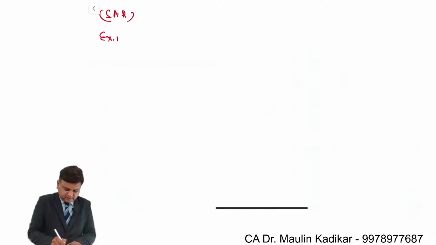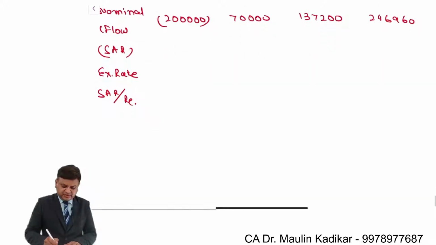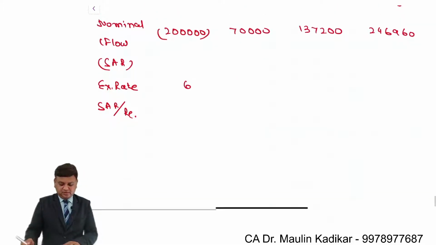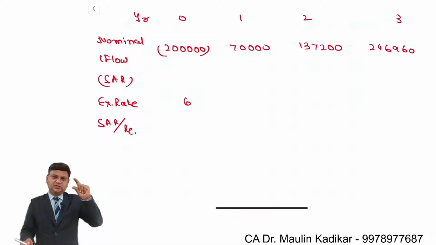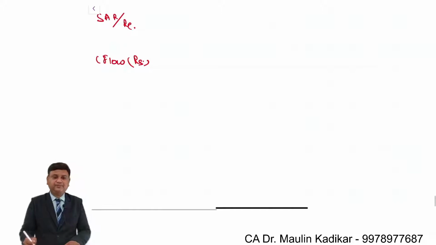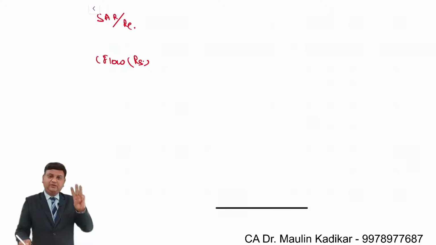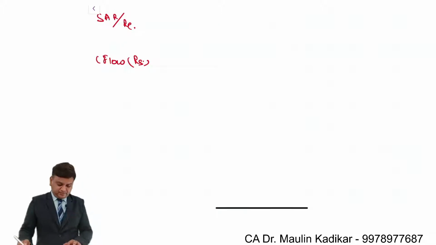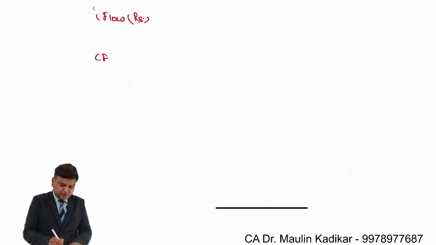Now exchange rate, South African currency per rupee. Spot exchange rate is 6 and so on. Now what we will do, the foreign currency cash flow divided by this exchange rate will give the cash flow in rupees term. Year 0 there will be outflow, and for the first 3 years we will have cash inflow. Further, we will show over here cash flow in rupees term.